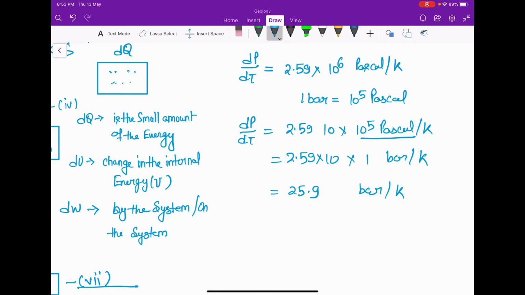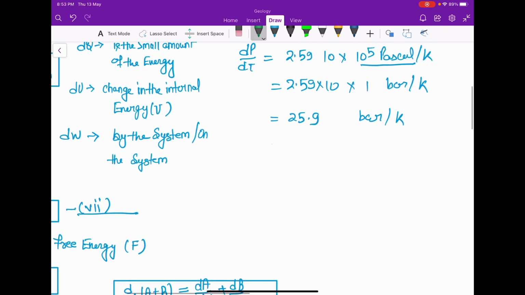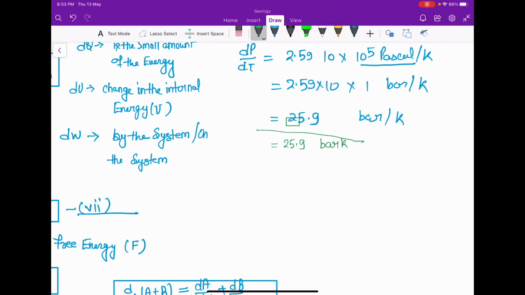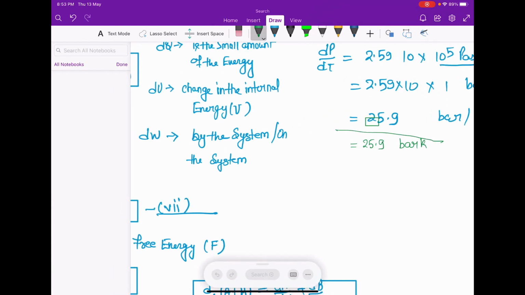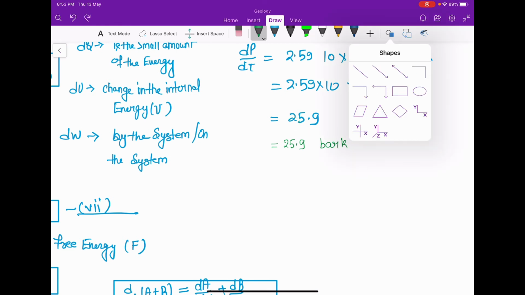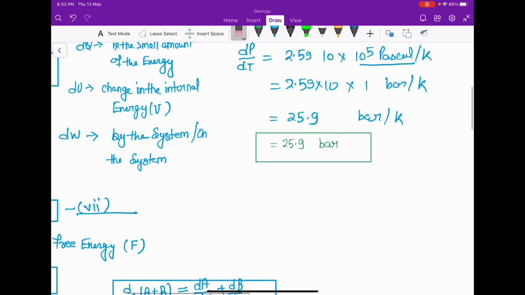So the slope will be 25.9 bar per Kelvin. Your answer will be 25.9, and the unit will be bar per Kelvin.